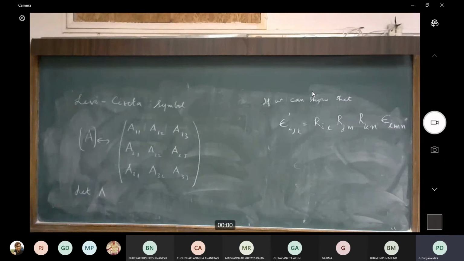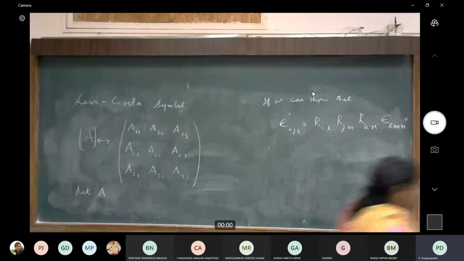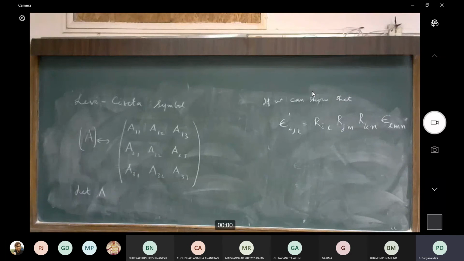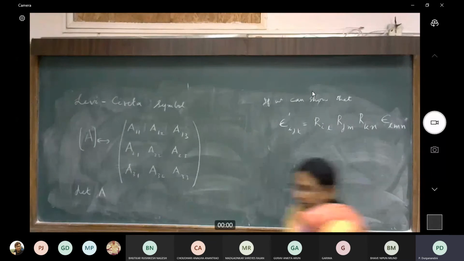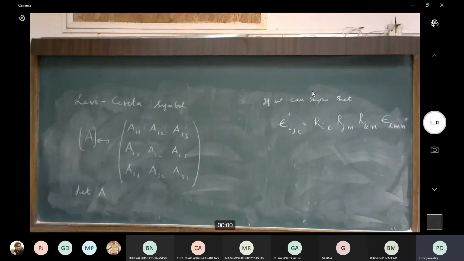We have a 3 by 3 matrix. Let's do it explicitly, I would like to do it explicitly for once. How would you find out the determinant?